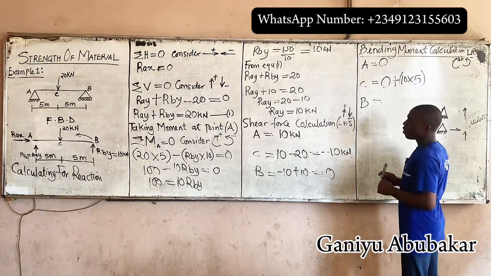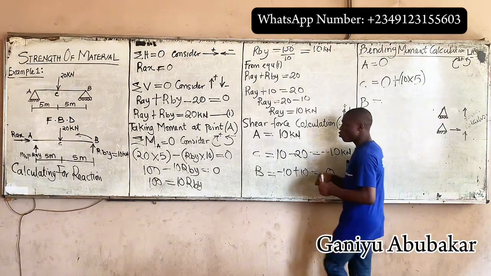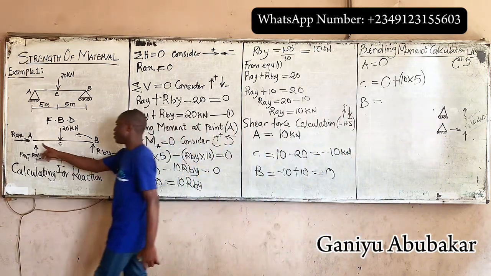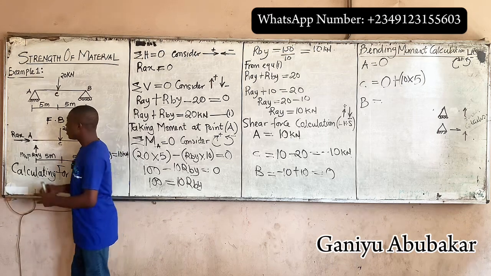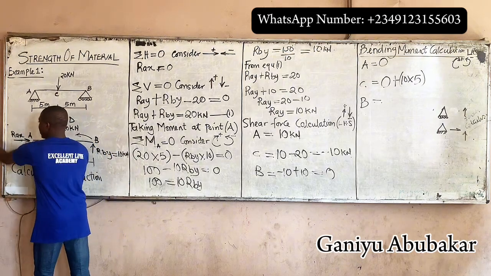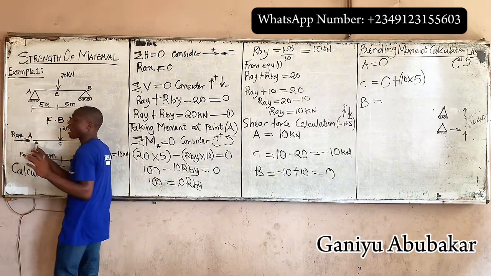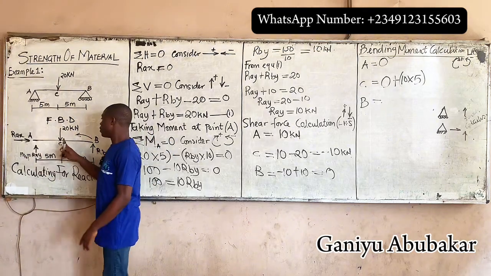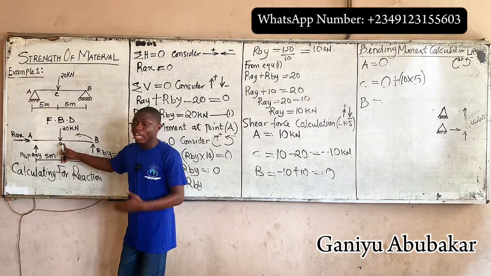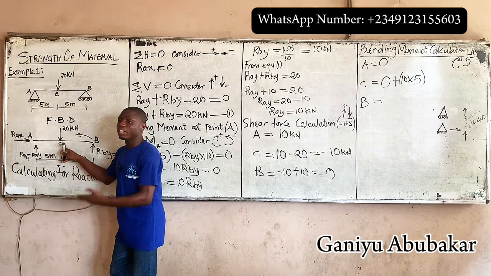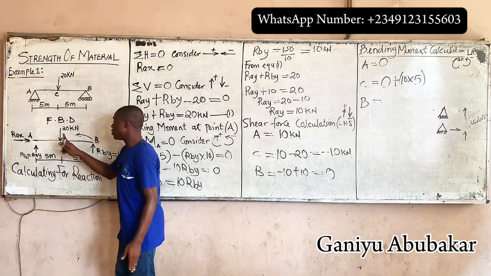Alright, is that all? That's all. Listen up. When I took point A, it is 0, because there was no force here that will come to A. That's why I have just 0. At point C it is still 0. Why? Anywhere we take moment from is always 0.